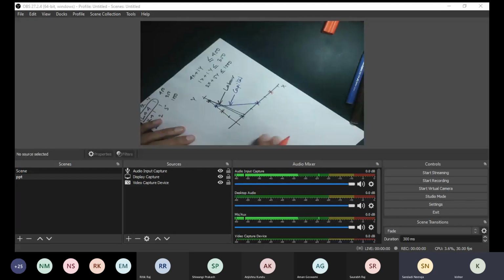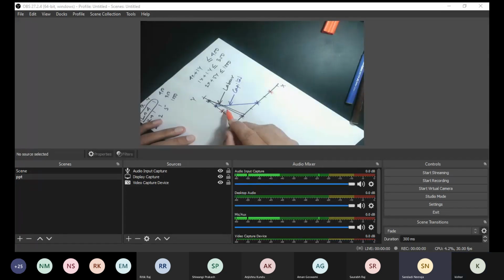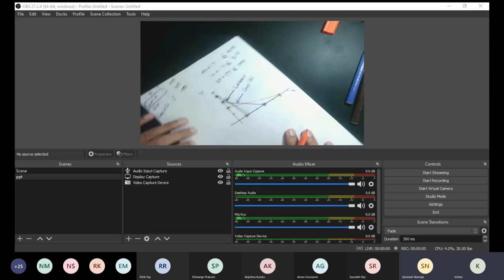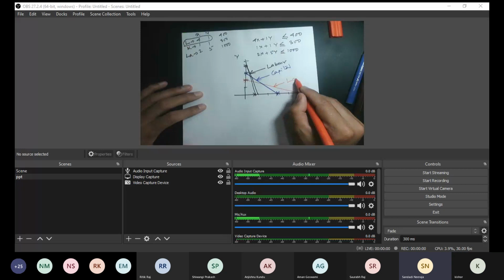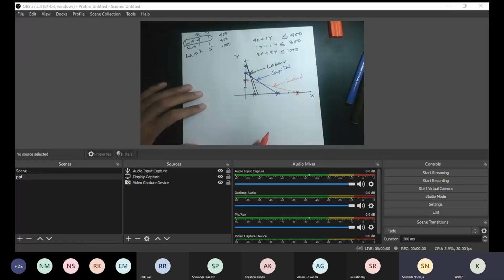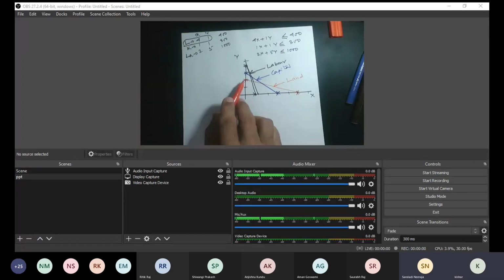If I join these two points, you get another line. This is for land. So any point on this line or below is possible for you to reach.